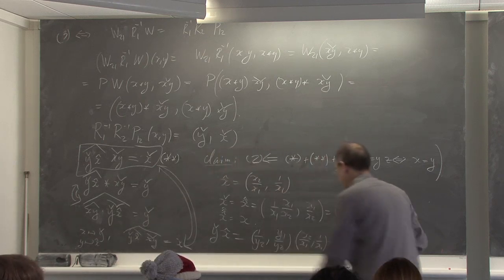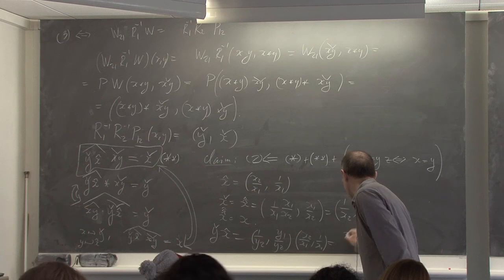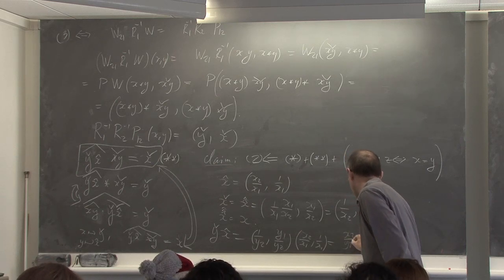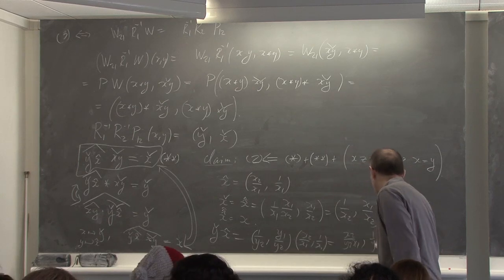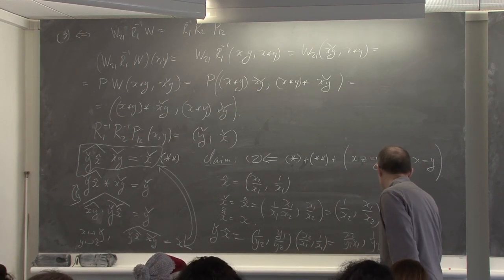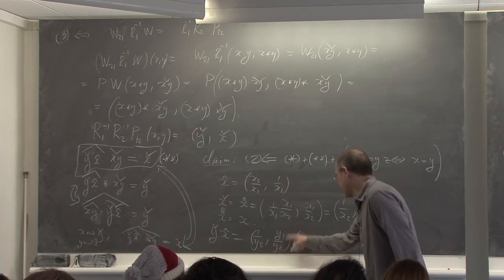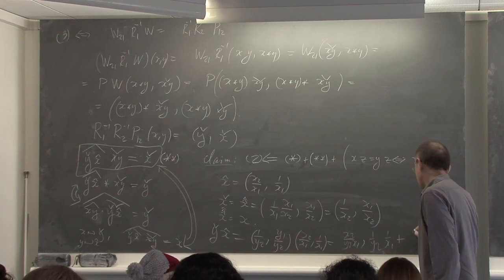So we use the multiplication. So the first components are just multiplied, x2 over y2, x1, comma, 1 over y2 multiplies 1 over x1, and we add x2, which is here, y1 over y2.